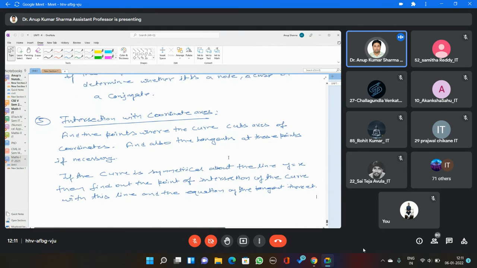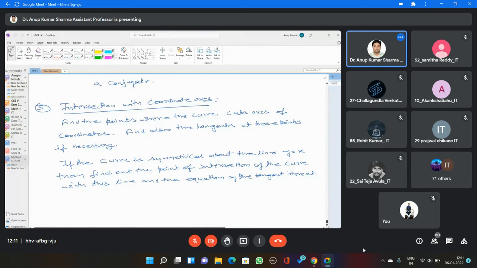So this is all about the intersection with the coordinates and the line.